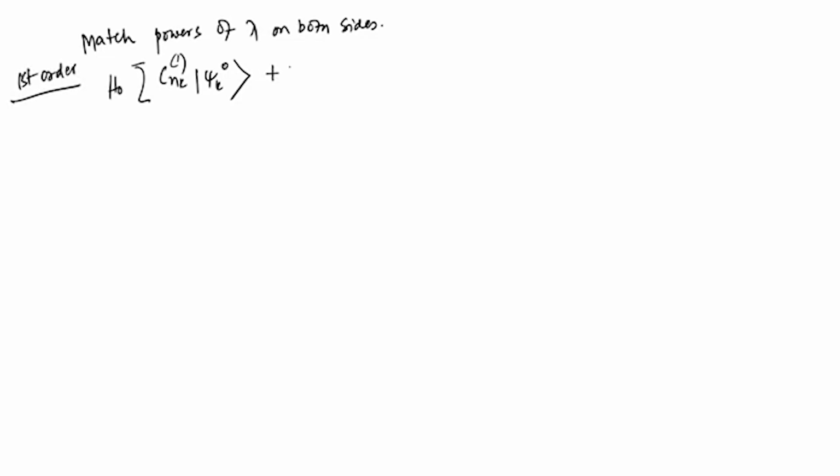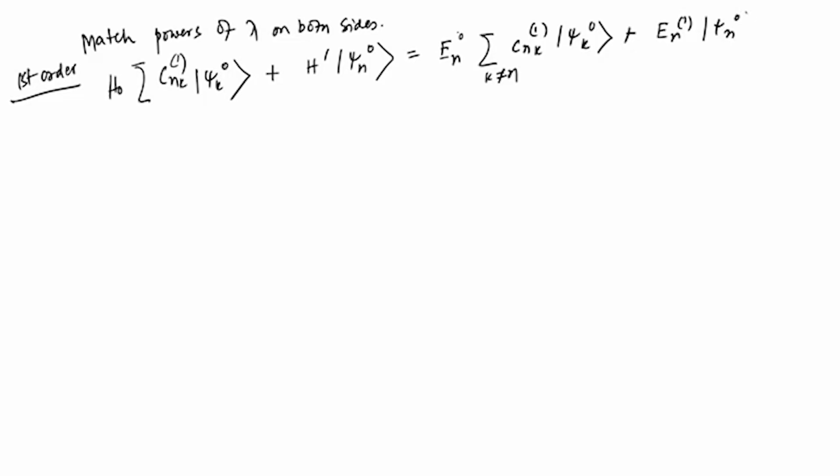So, this plus h prime psi n 0 equal to E n 0 and k not equal to n, and we have a c n k 1 and a psi k 0 plus a E n 1 psi n 0 and so on. Okay. So, you see that we have just equated the first power of lambda on both sides.